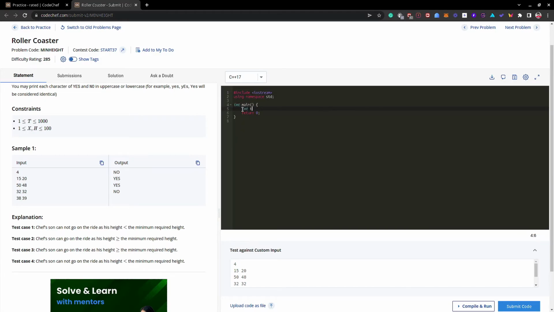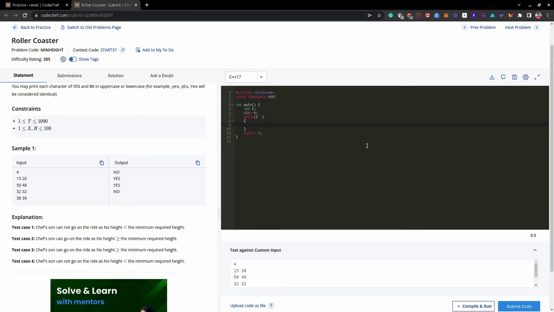So here taking integer t, as usual taking input for t, then a while loop, and there t will be decreasing.